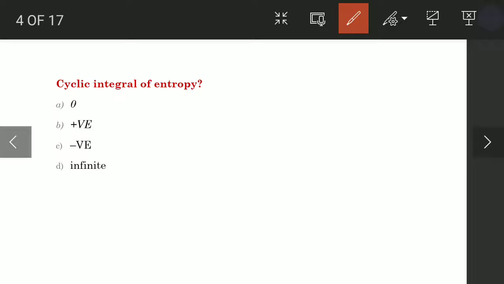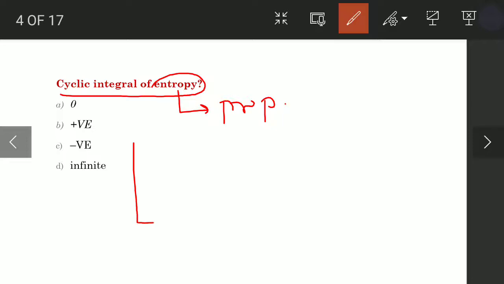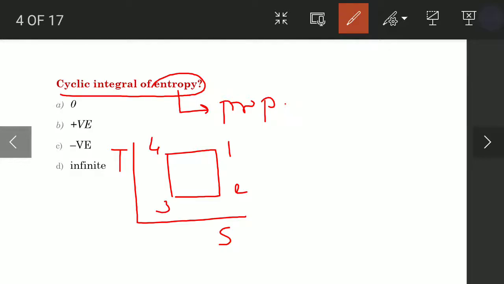Next question, cyclic integral of entropy. First, is entropy a property? Yes, it is a property of a system. If you take a TS plane and draw the Carnot cycle like this, 1, 2, 3, 4, these are the 4 processes, 1 to 2, 2 to 3, 3 to 4 and 4 to 1.